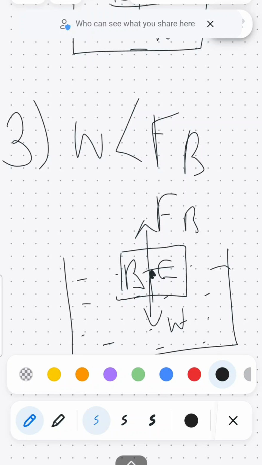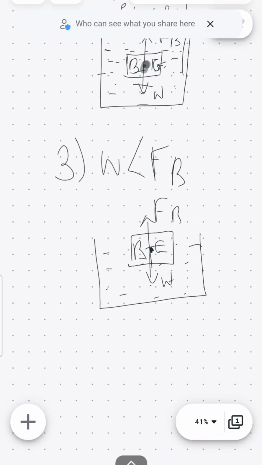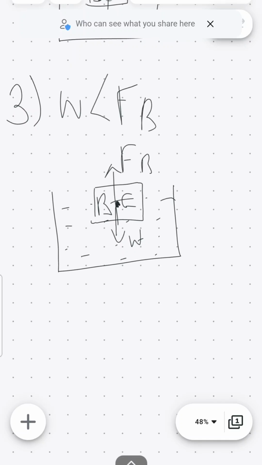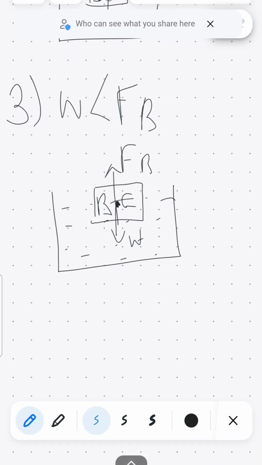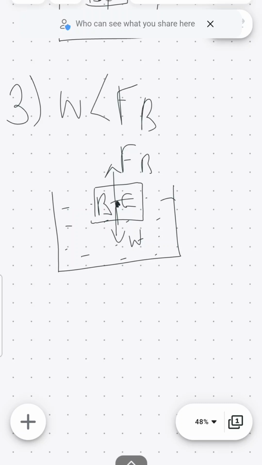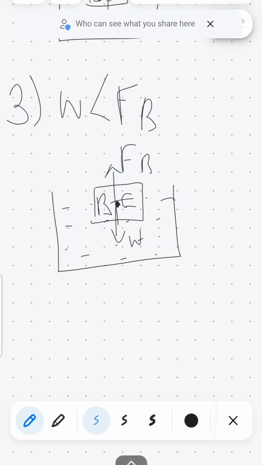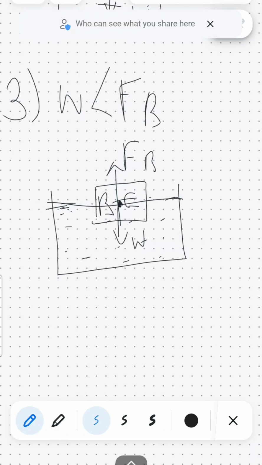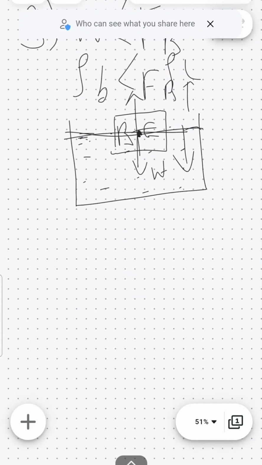What happens in this case is that the body will float partially. Half is below the liquid and half is above the liquid. Only that much portion of the body is submerged by which the weight of the displaced liquid becomes equal to the weight of the body. And here rho B is less than rho L. So here we have concluded these three cases.